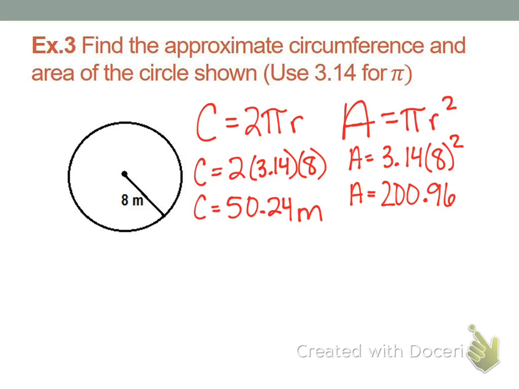And my units would be? Meters squared. Rounding to 2 decimal places to the hundredths is a good standard, unless the directions tell you otherwise. Anything else before we move on? No. Warm, fuzzy feelings all around?